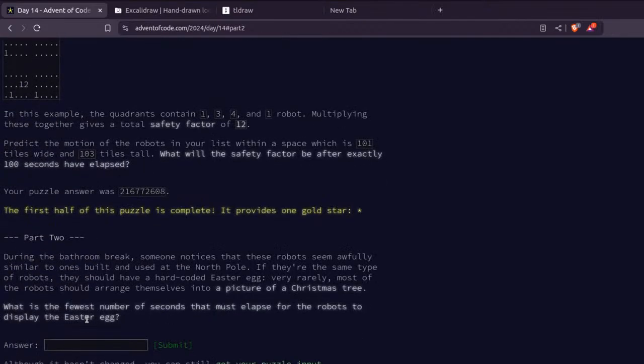What is the criteria to select the robots to display the Easter egg? What is that picture of a Christmas tree? I am not sure. And it's weird.